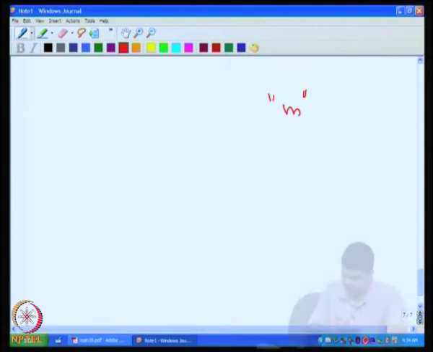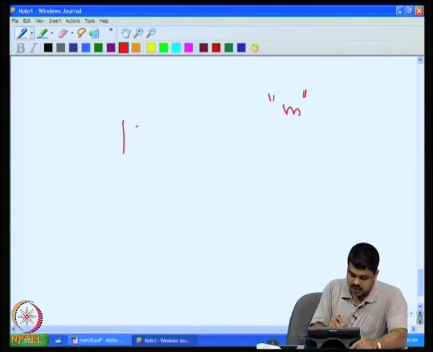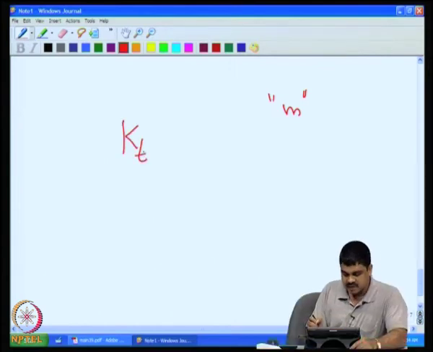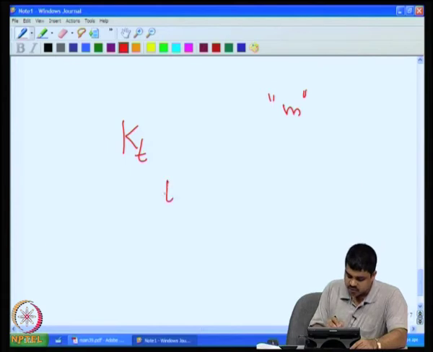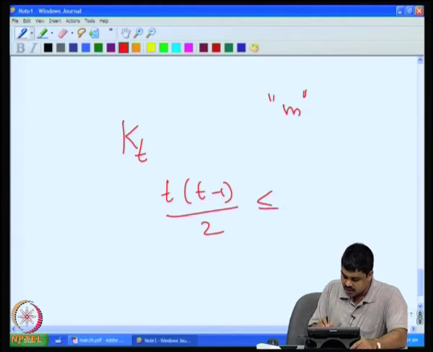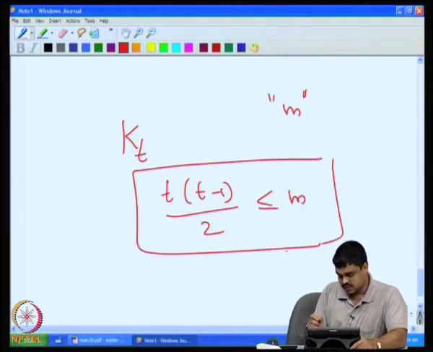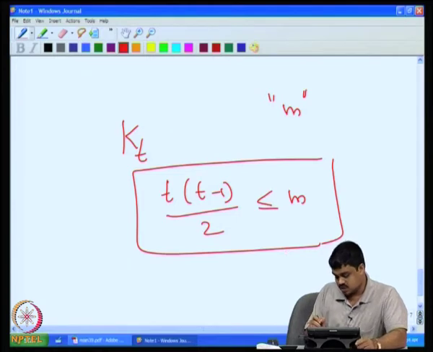Suppose m was the total number of edges before, and suppose Kt is the biggest clique minor you can get. Then we know that t times t minus 1 divided by 2 has to be less than or equal to m, because you cannot generate any new edge.